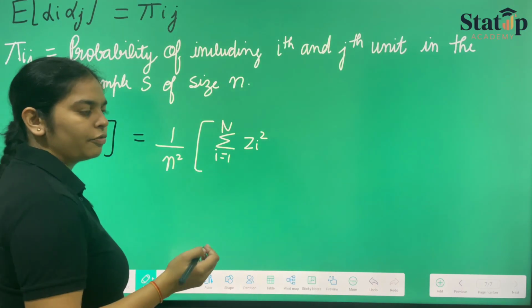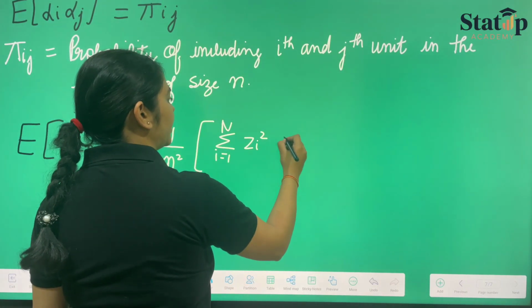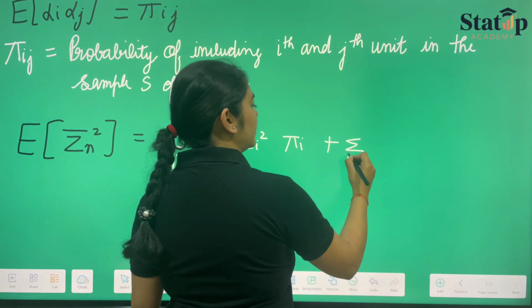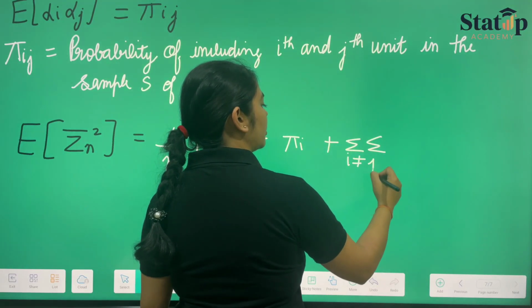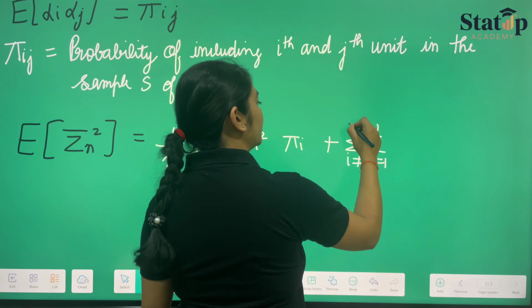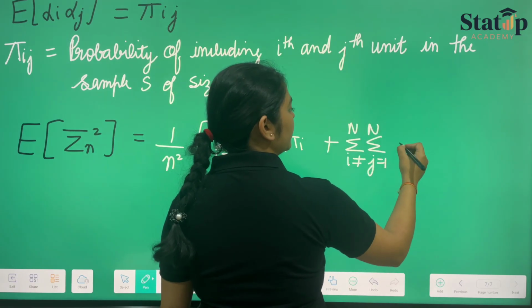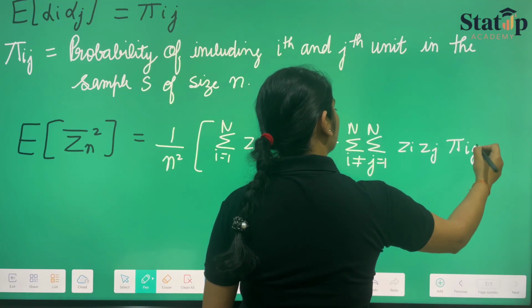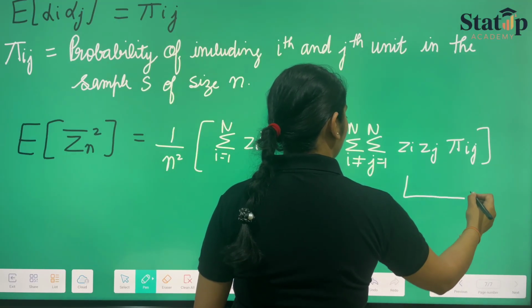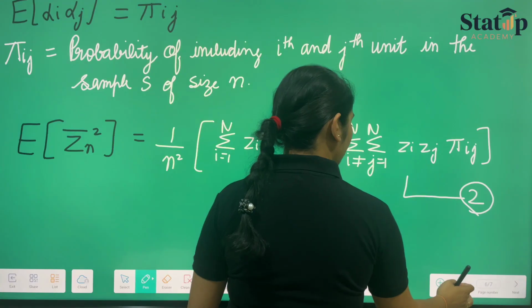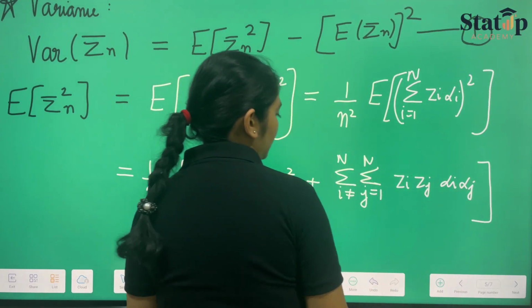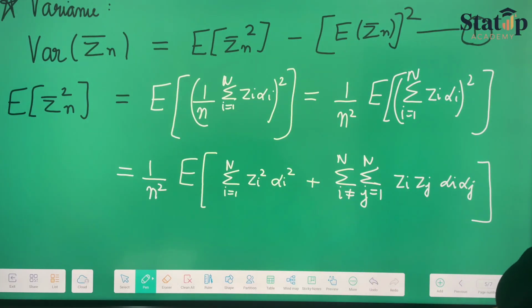Now the expectation of alpha i square was nothing but pi i plus summation i not equals to j goes from 1 to capital N zi zj into pi ij. So this is our equation number 2, and let us mark this as equation number 1. Now we have to calculate the expectation of z bar n whole square.